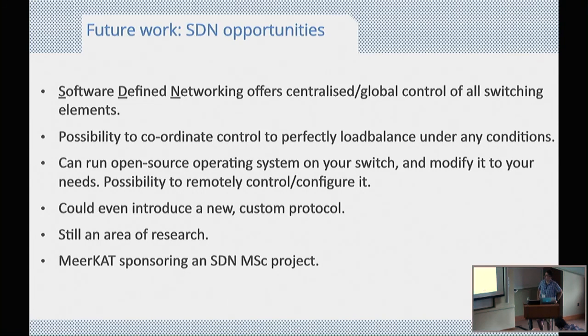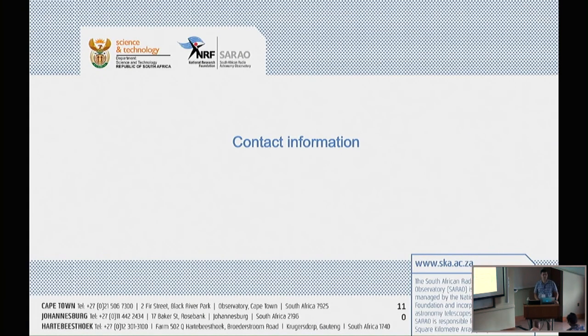We just need it to do what we want it to do. With SDN, you can potentially build a system that's centrally managed. So you can have one node or device or server on the network tell all the switches how to forward traffic without them trying to figure it out amongst themselves. So this is an area of research. We're sponsoring an MSc project at the moment. I've got a student on this, trying to figure out a better way to do this. Until then, Ethernet works fine. So that's the short and sweet of it.